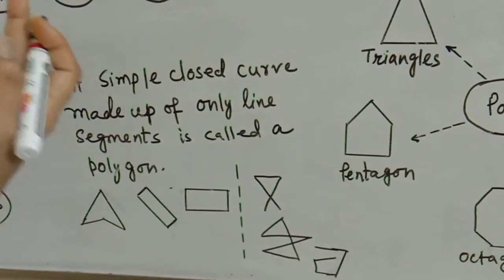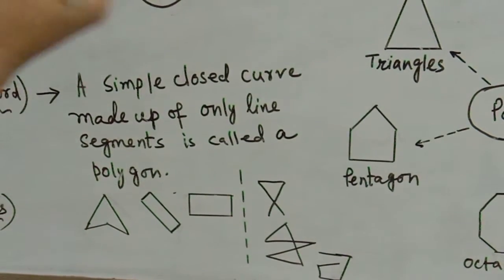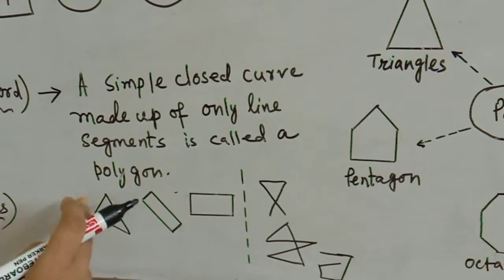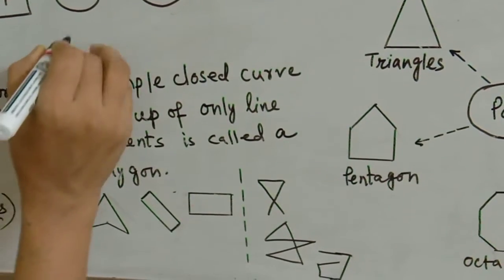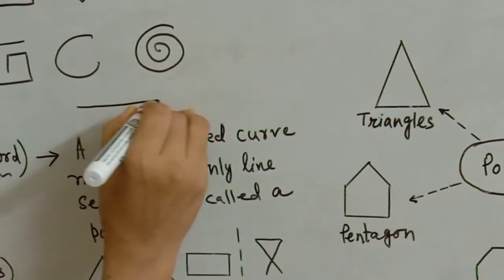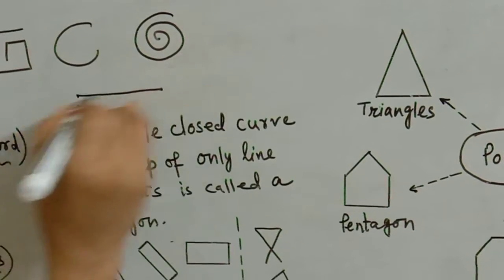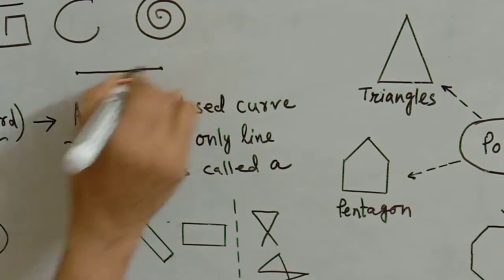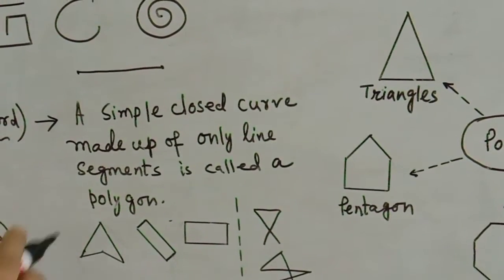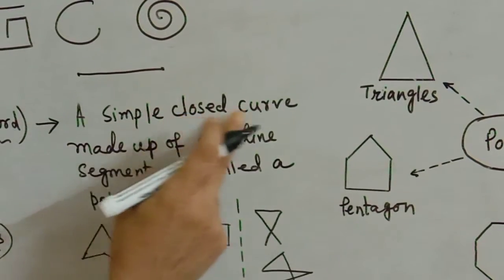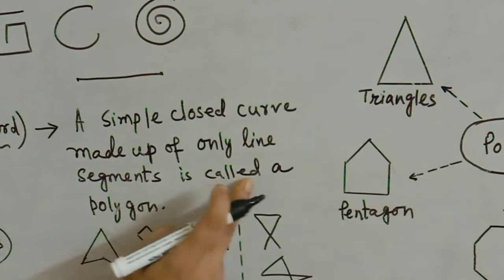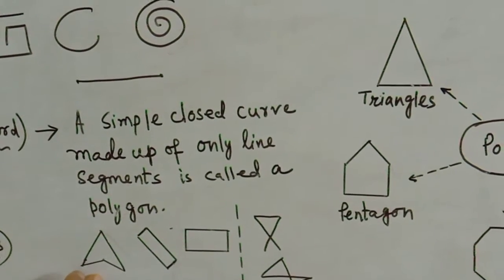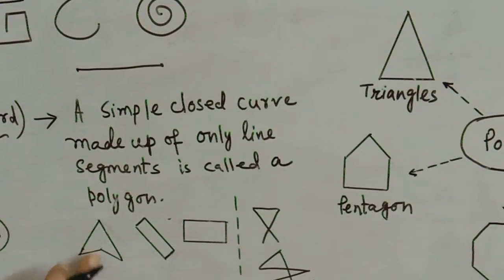You know that in a plane curve, a line is also a plane curve. So line segments, what is a line segment? A line segment is a straight line which has two end points. A simple closed curve made up of only line segments is called a polygon. See, this is a polygon, a simple closed curve.